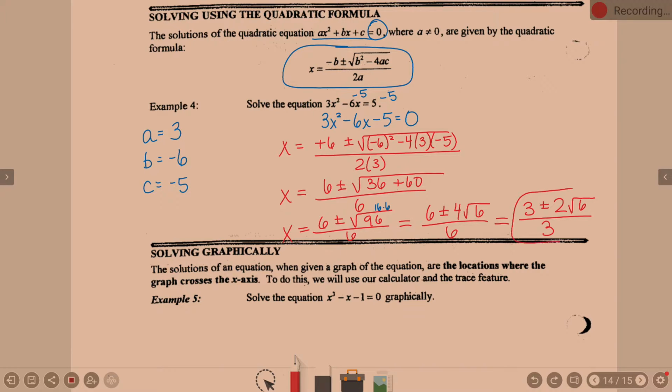Okay? The other possible way is to break this up into 2 pieces. Meaning this denominator of 3 goes under both pieces, right? So the other way would be 3 divided by 3 is 1, plus or minus 2 square root of 6 divided by 3.